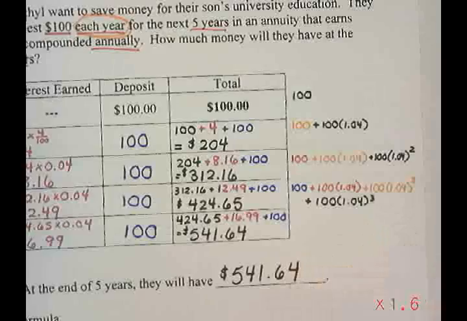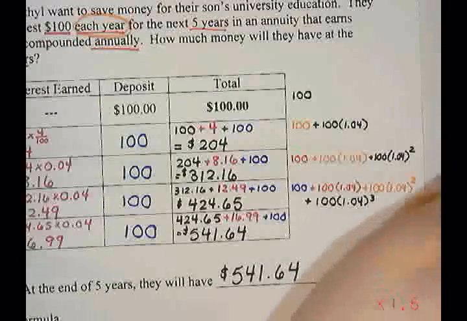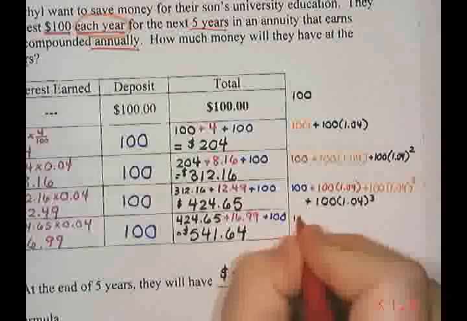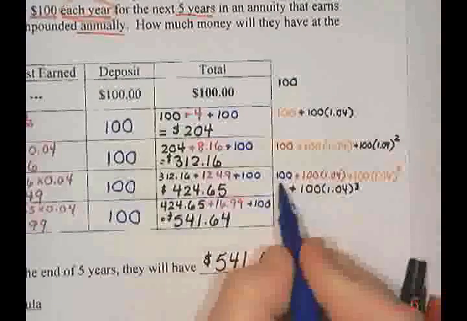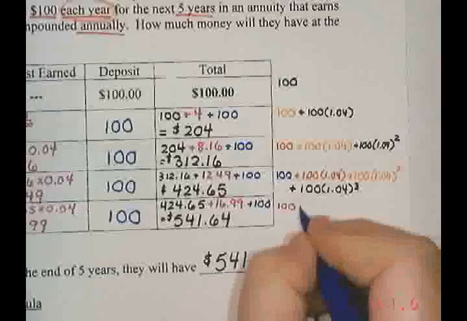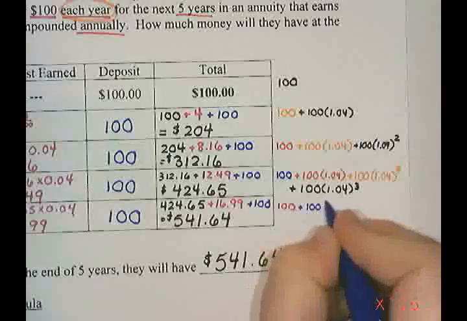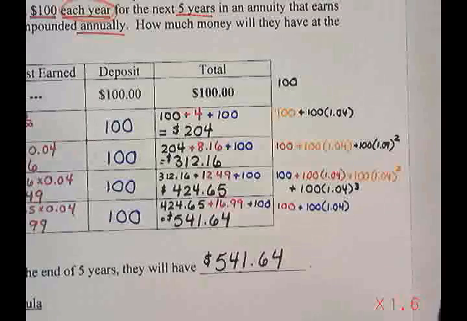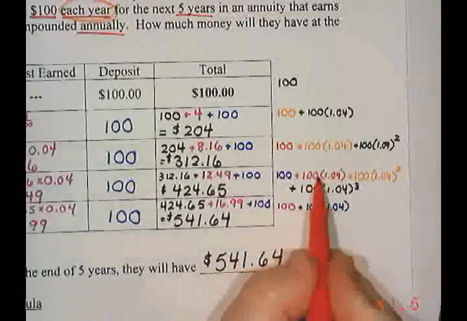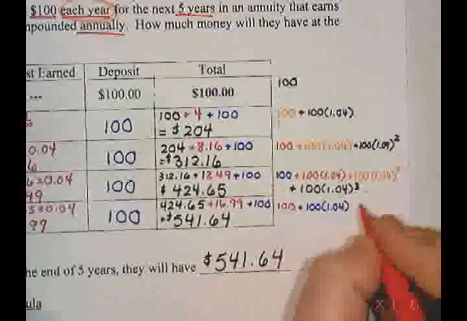All right, we're almost at the end here. This last time they put in $100 one more time. The $100 they put in last year earns interest. The $100 that they put in the year before has now earned interest not once but twice.